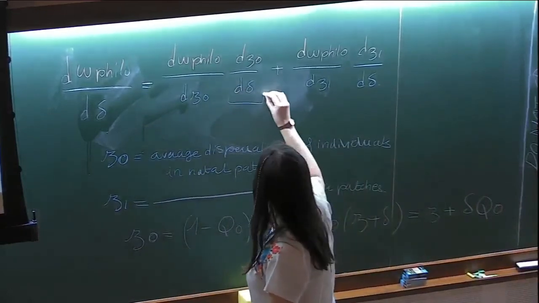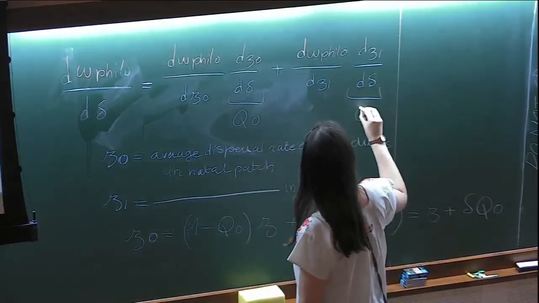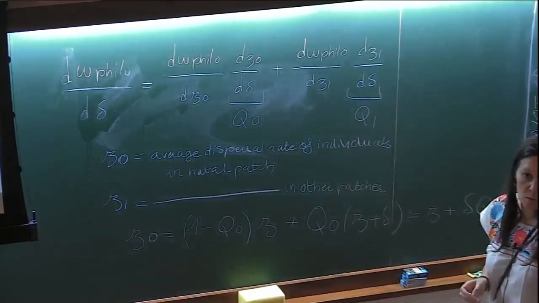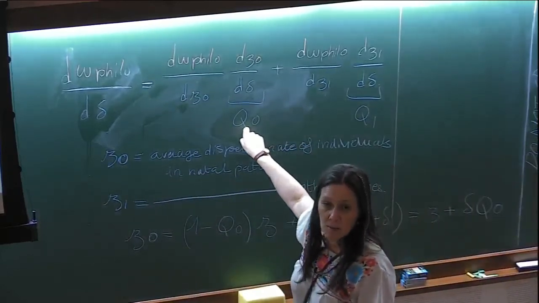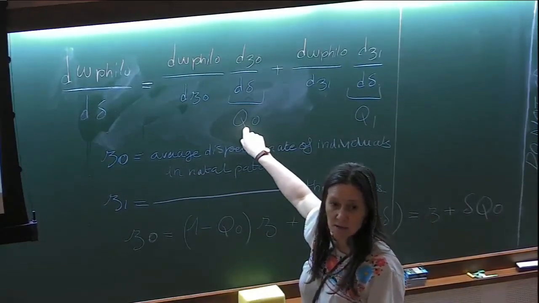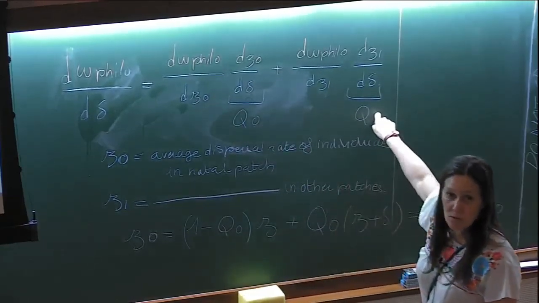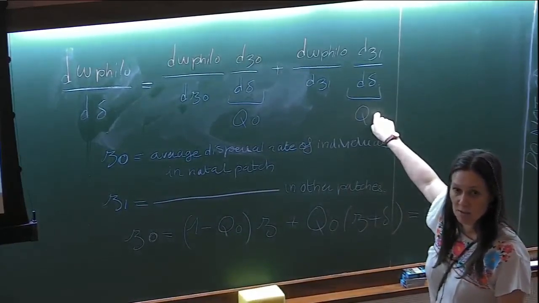So here this term can be replaced by Q0, and here Q1. Q0 would be the probability to draw, in the same population as you, an individual with the same gene. And Q1 is the probability to draw, in some other patch than your patch, an individual with the same gene.